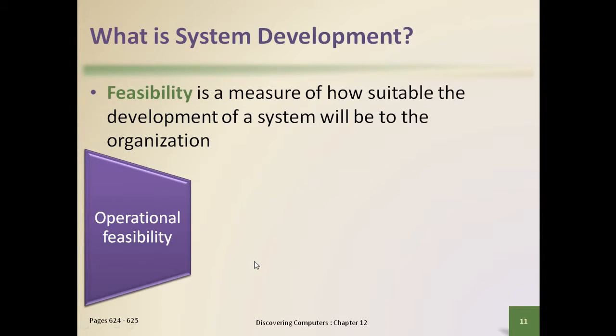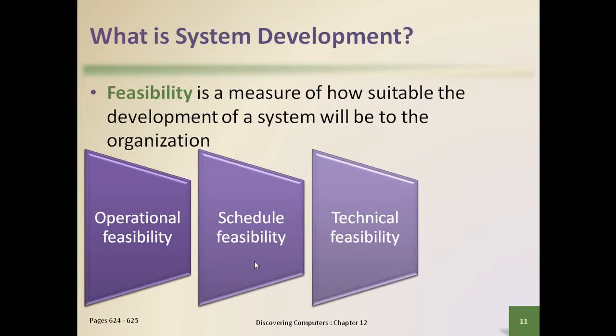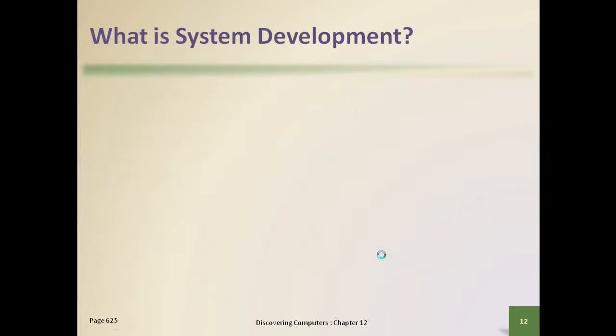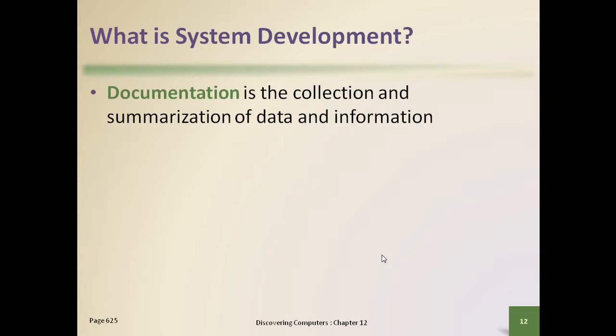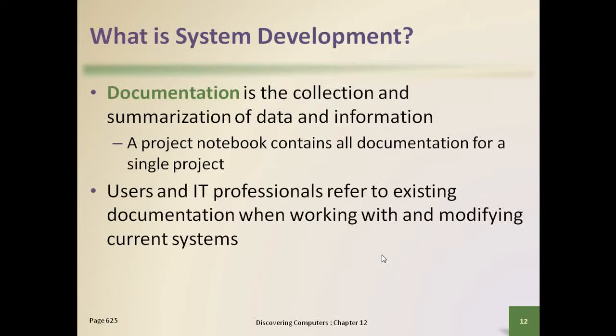Feasibility is a measure of how suitable the development of a system will be to the organization. It consists of operational feasibility, schedule feasibility, technical feasibility, and economic feasibility. Documentation is the collection and summarization of data and information.